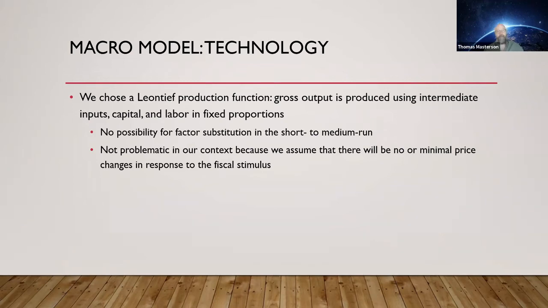So we're assuming that there is no factor substitution in the short or medium run, which is the time scale for the model that we're using, right? Because we're assuming there's going to be no or minimal price changes in response to the fiscal stimulus, it's not problematic. Right? So this assumption is not problematic based on the other assumption we make. Right. See how that works?